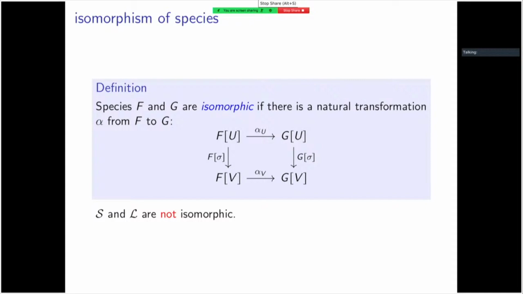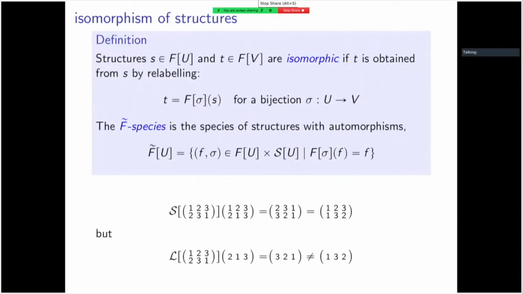Just a quick question to see if I'm understanding what you're saying. So if you take F to be the species of permutations, then perm tilde would consist of a permutation and another permutation that commutes with it. Possibly. Permutations tilde, so S, I call them S for tradition's sake.